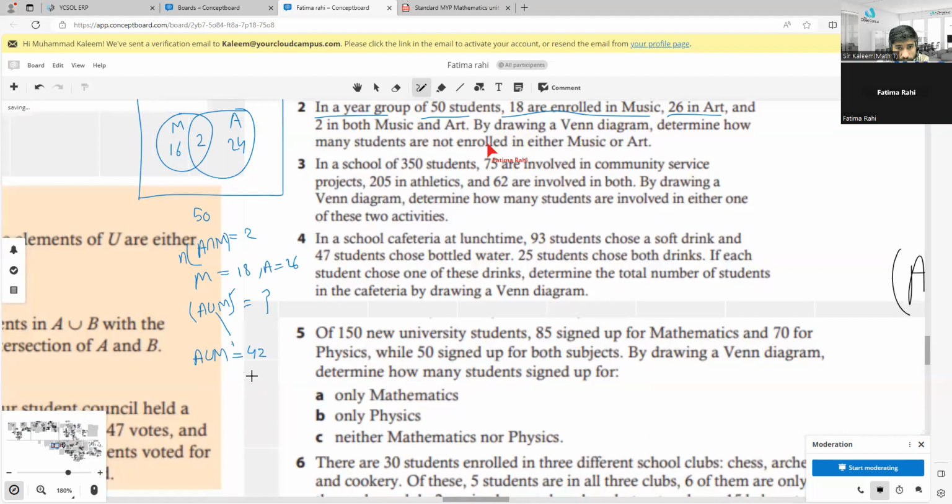So 42 in A union M, and 8 students will be in A union M complement. How can I say that? There will be 42 students in A union M, meaning in art or music.